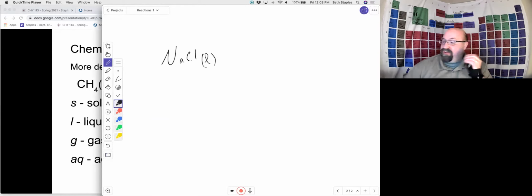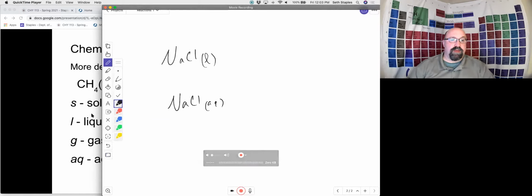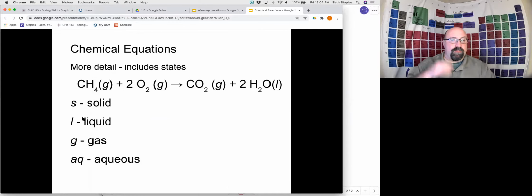That is a lot different than saying I have NaCl aqueous, which means that now I've taken that salt, I've taken the NaCl ionic compound and dissolved it in water. So a big difference between those two notations, between liquid and aqueous. Aqueous always means that we have dissolved the substance in water.